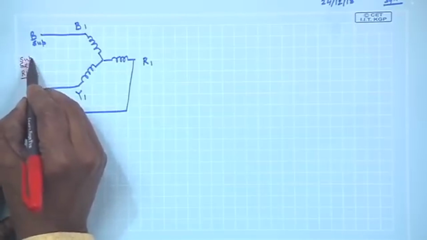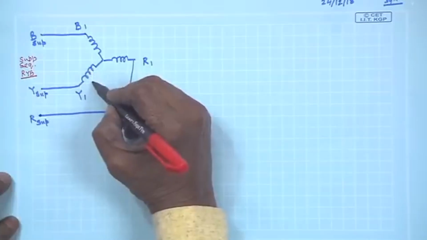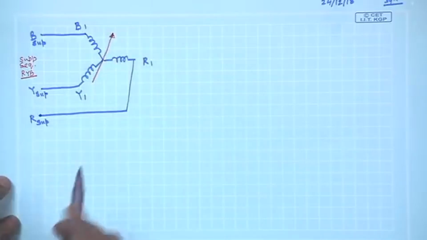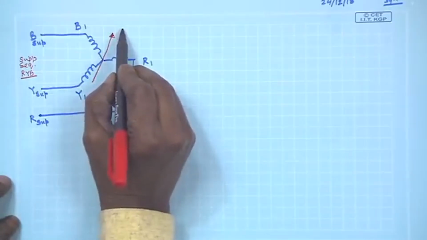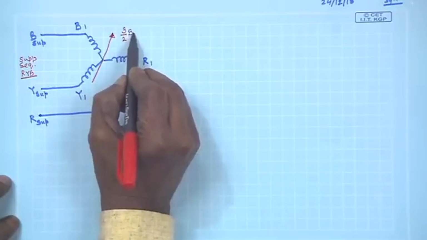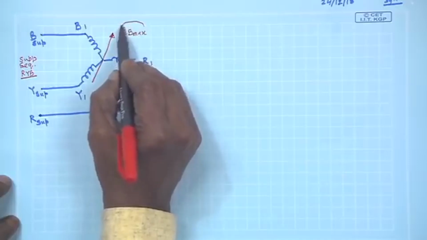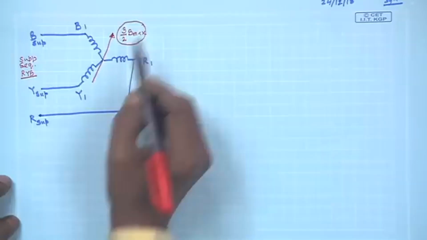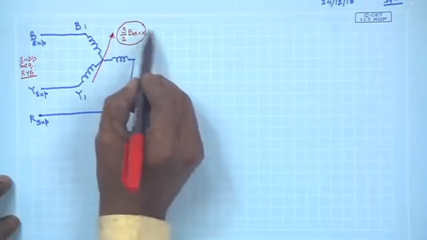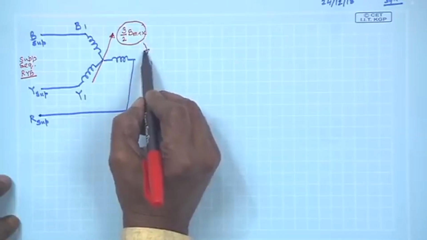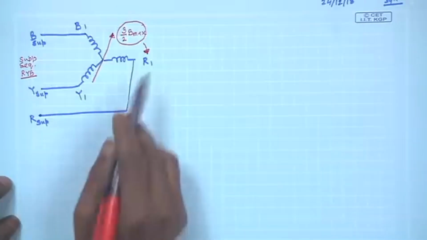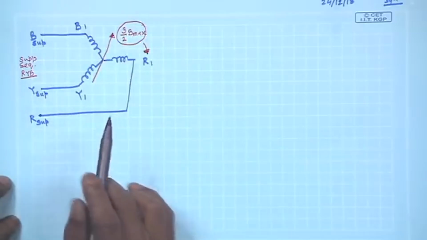A rotating magnetic field will be developed, whose peak value will be 3 by 2 B max. Okay. This is the peak value, and it will rotate in this case this way, because from leading to lagging phase it rotates, okay, 3 by 2 B max.